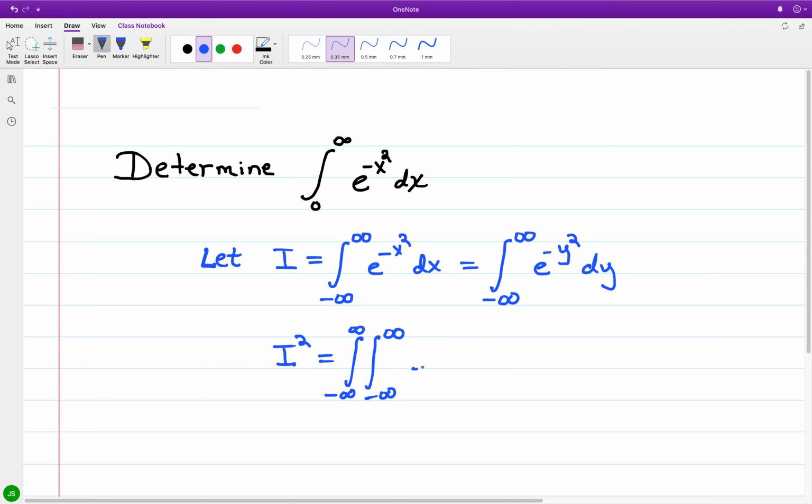Now we'll have e to the negative x squared times e to the negative y squared dy, and putting it in compact notation, by the product property of exponents, I have e to the negative x squared minus y squared dx dy.